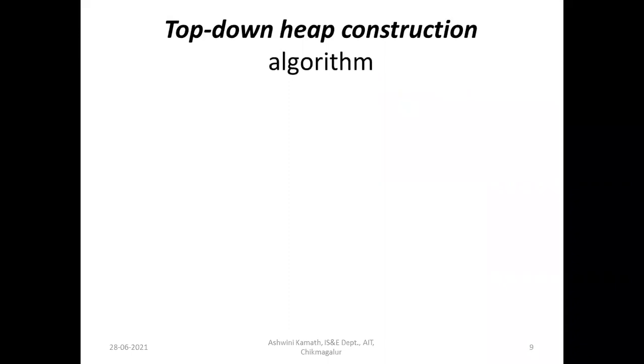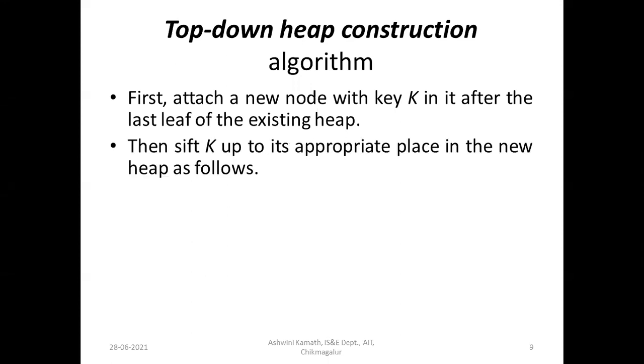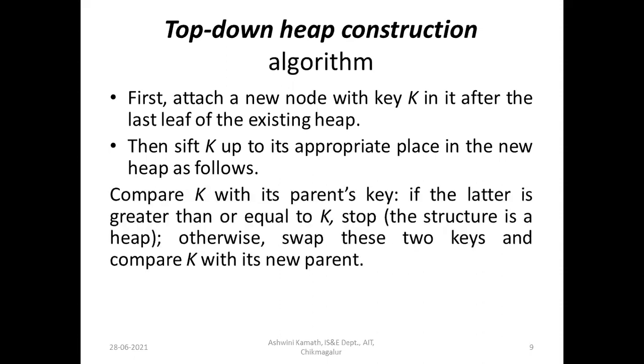Then this is the top-down heap construction algorithm. First, attach a new node with the key k after the last leaf of the existing heap. Then shift k up to its appropriate place in the new heap as follows. Compare k with its parent's key.